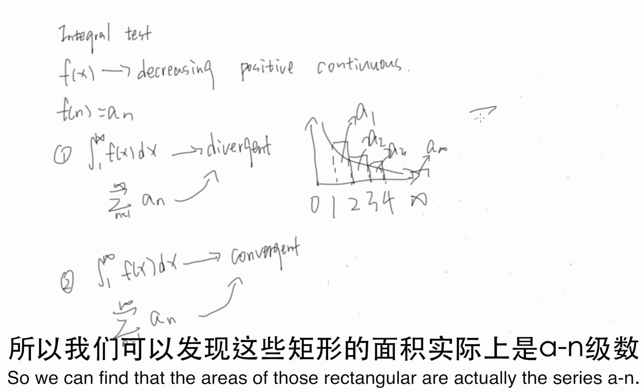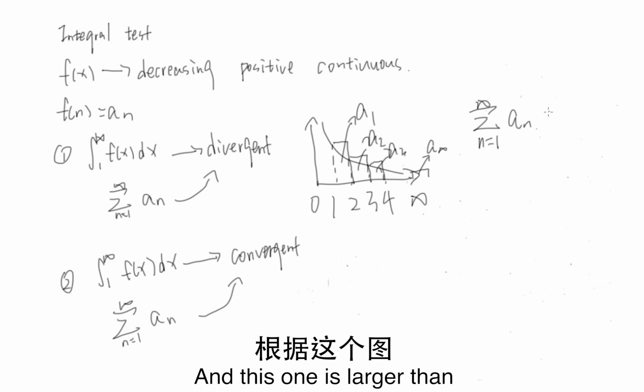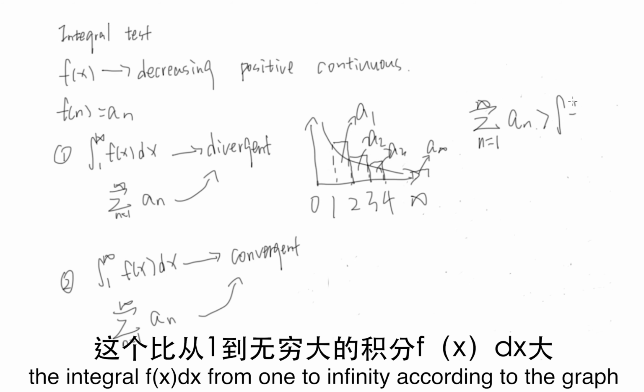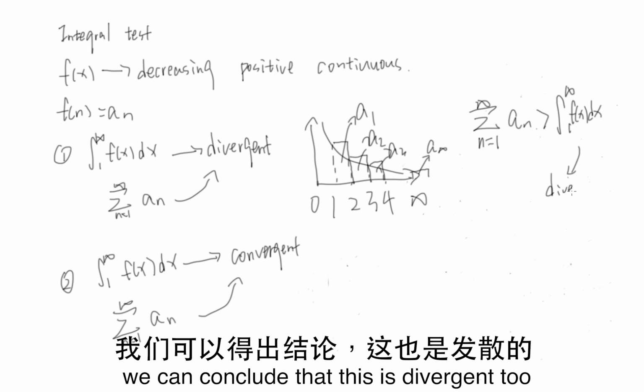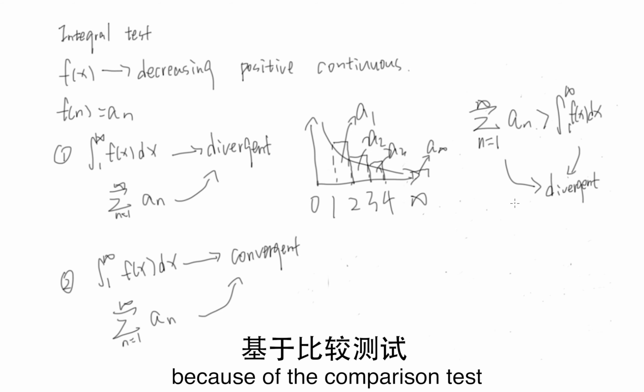So we can find that the area of those rectangles is actually the series an. And this one is larger than the integral of f(x) dx from 1 to infinity, according to the graph. Because this is divergent, we can conclude that this is divergent too because of the comparison test.